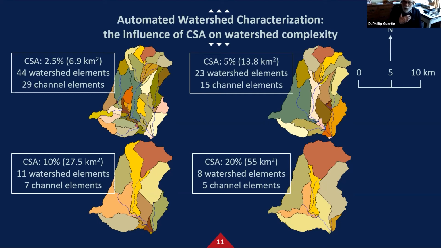As we go down to the 20% case, where the modeling elements represent 20% of the watershed, we have 9 watershed elements and 5 channel elements. So you're going from a high degree of representation with smaller elements to really big elements. Again, different levels of complexity.